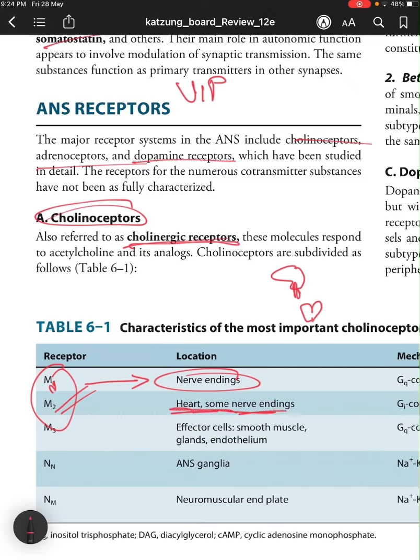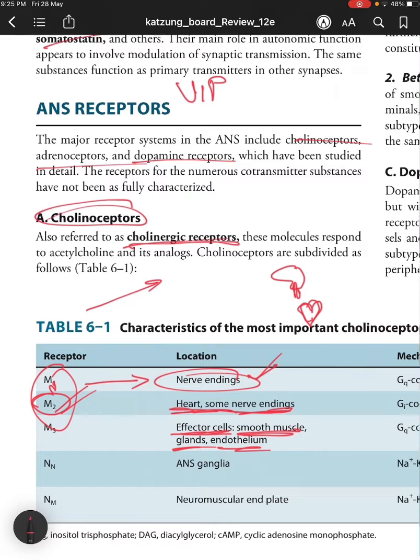So you have the heart and some nerve endings as examples for M2 receptors. And M3 receptors are found in the effector cells such as smooth muscles, glands, endothelium, etc. So you can remember it with an easy trick. First you think about something, and if your heart allows you to like it, then you will eat it. So you think about something, first think about it, nerves.